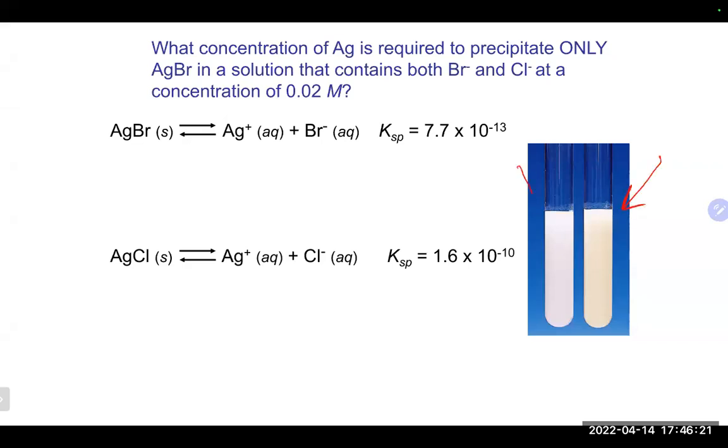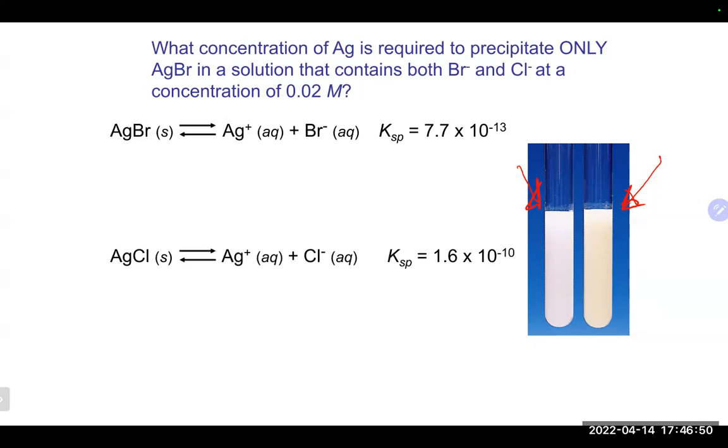And for the most part, if these were in the same test tube together, it's pretty much a white solid for both of them. So you would have a very hard time if you just randomly put the silver in and made this solid to go, well, I think this crystal is the silver chloride crystal, and I think this one's the silver bromide crystal. You really wouldn't have a way to determine what solid is coming out of solution in that particular case.